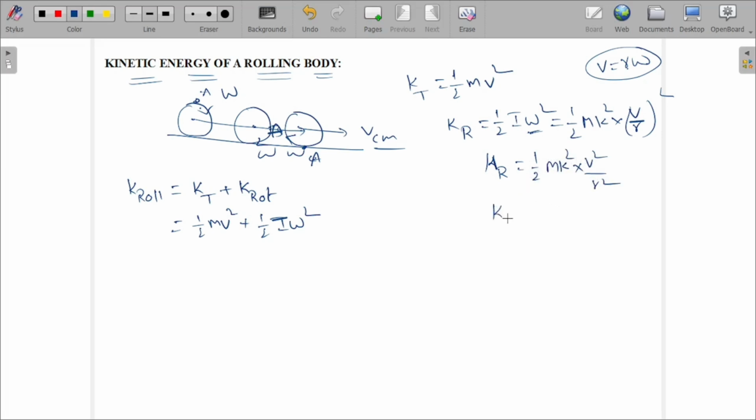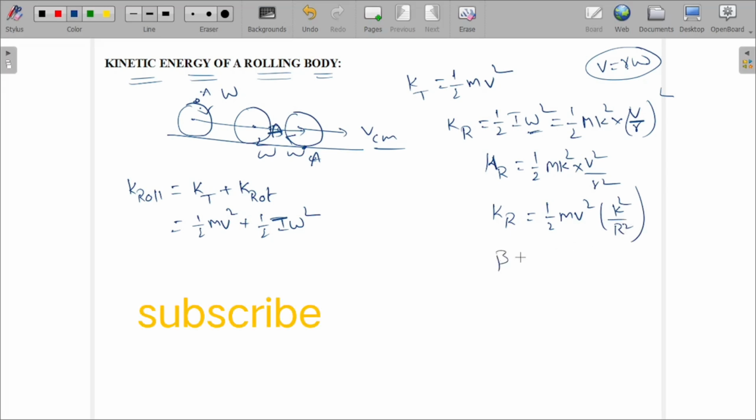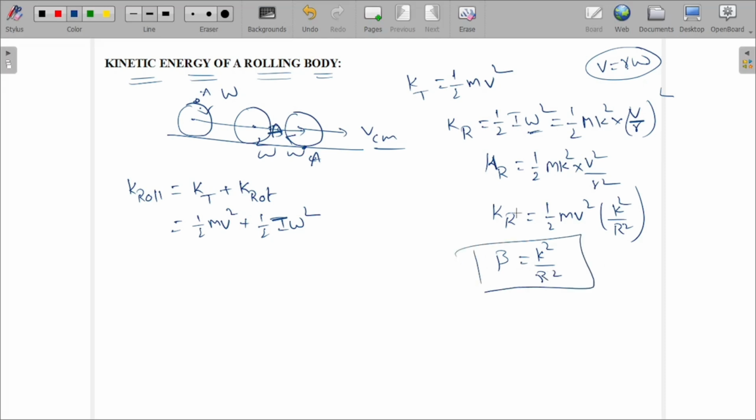So kinetic energy of rotation will be written as half m v square of k square by r square. So k square by r square will be written as beta. Beta is a dimensionless quantity. So now I am going to replace that. Kinetic energy of rotation will be equal to half m v square beta.